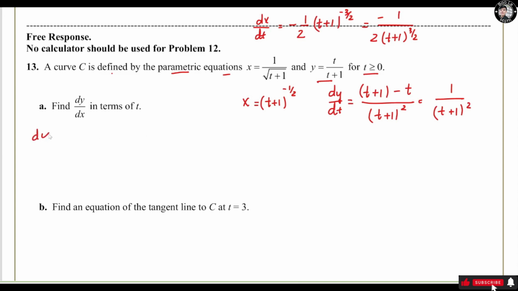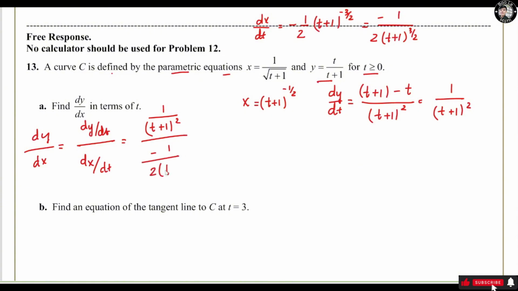Now dy over dx, we just divide the top and bottom by dt, so we have dy over dt divided by dx over dt. So dy over dt is right here. We have 1 over t plus 1 altogether squared divided by negative 1 over 2 times t plus 1 to the power of 3.5.